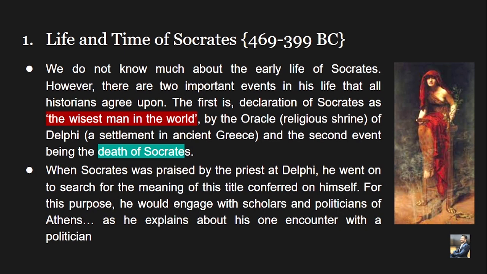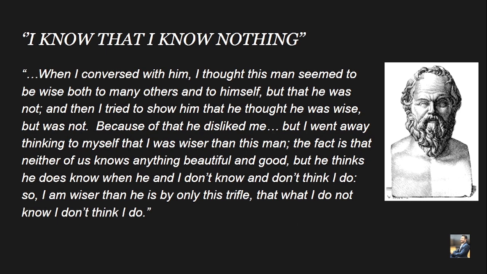Here one discourse with one important politician is mentioned, out of which he came to know that I know nothing. In the discourse he says: when I conversed with him, the politician, I thought this man seemed to be wise both to many others and to himself, but that he was not. He's saying he was not.